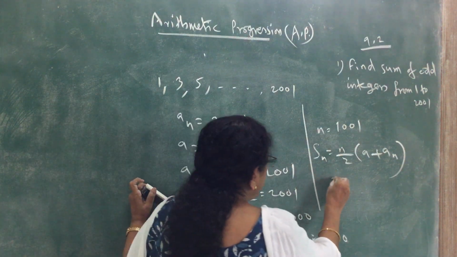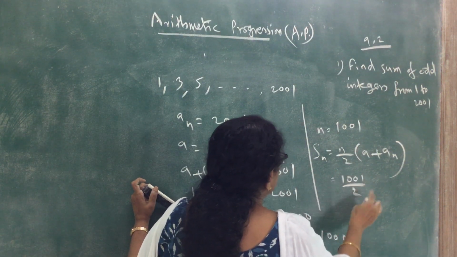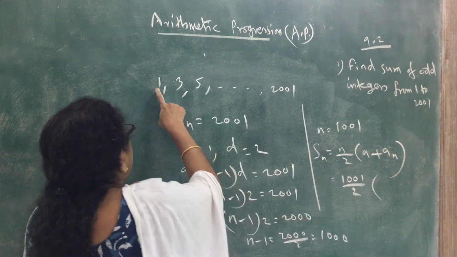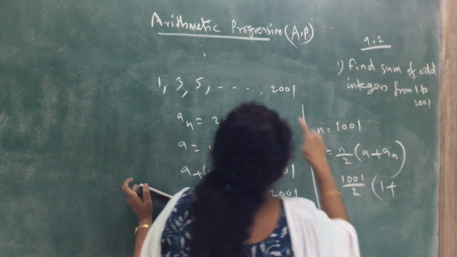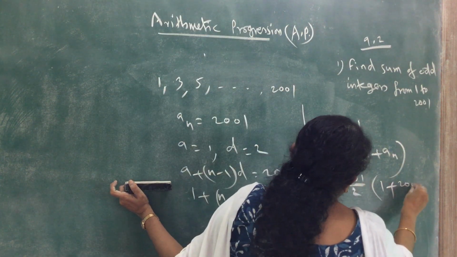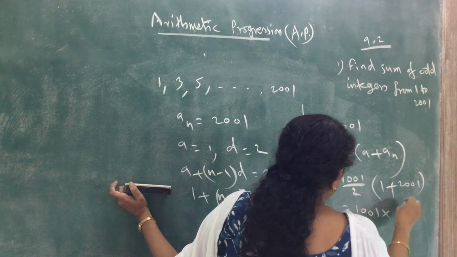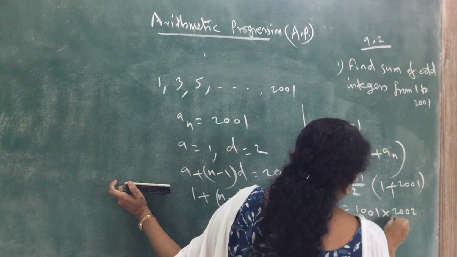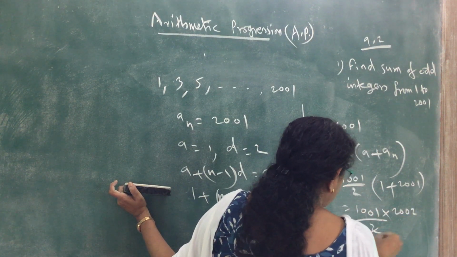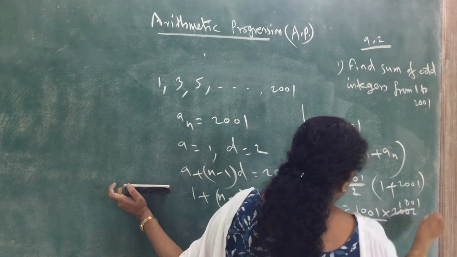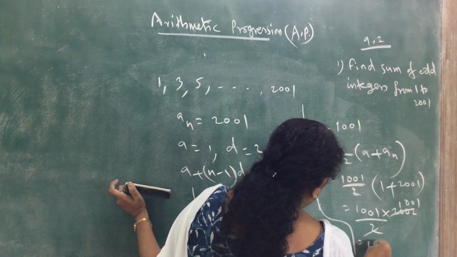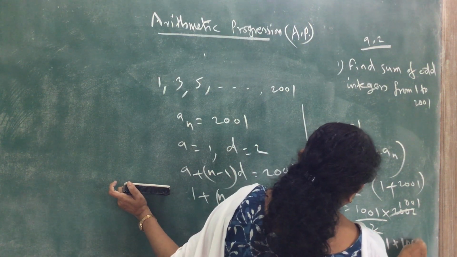So n by 2, that is 1001 divided by 2, into a, a means 1, plus an, the last term, 2001. That is equal to 1001 into 2002 by 2. So cancel this, we get 1001, so that is equal to 1001 into 1001.